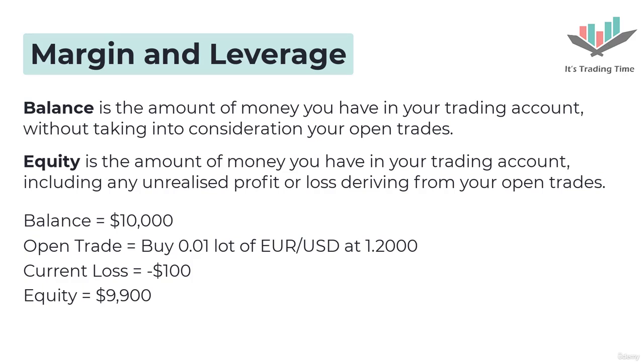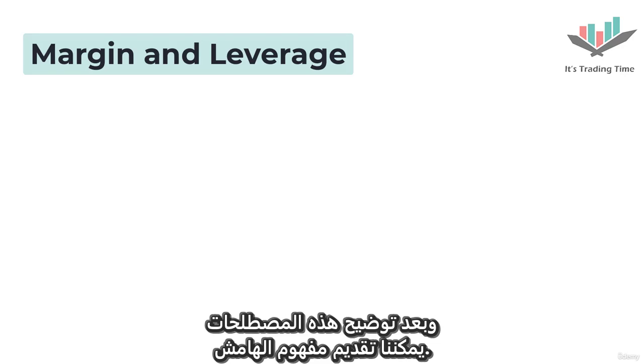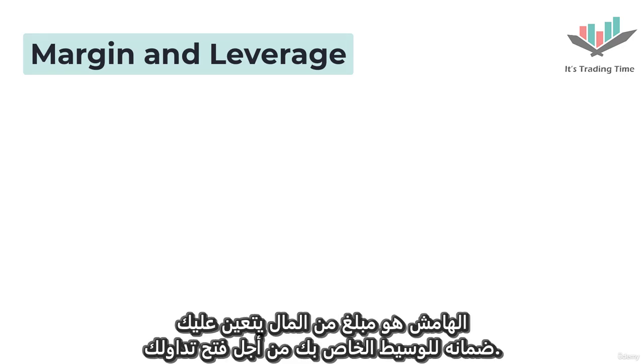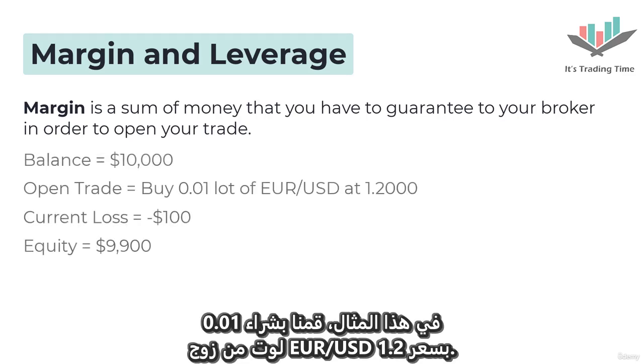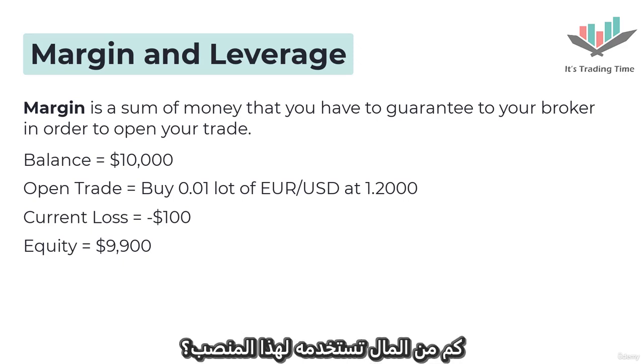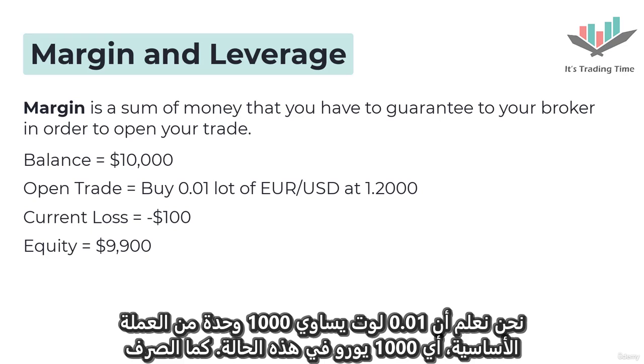Having clarified these terms, we can introduce the concept of margin. The margin is a sum of money that you have to guarantee to your broker in order to open your trade. In this example, we have bought 0.01 lot of euro-dollar at 1.2. How much money are you using for this position?